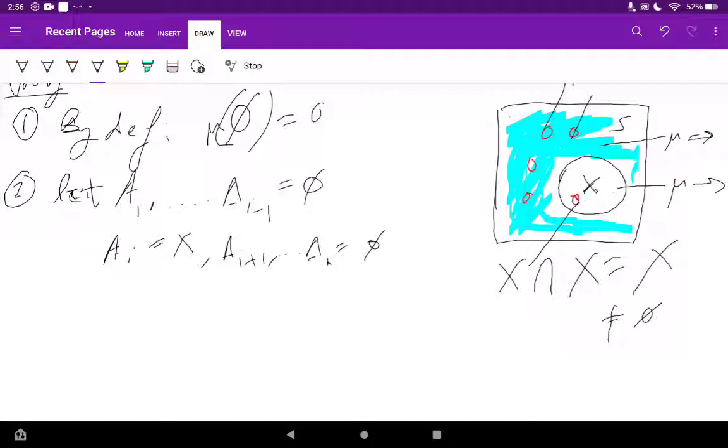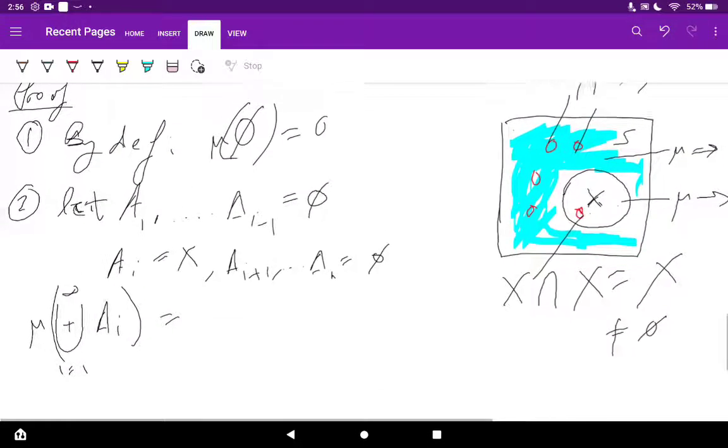Now you can look at this and clearly see that no matter what I do, the union of these disjoint sets from 1 to infinity of these A_i's will be equal to 1.